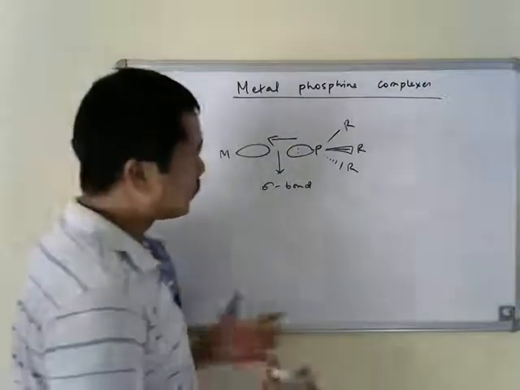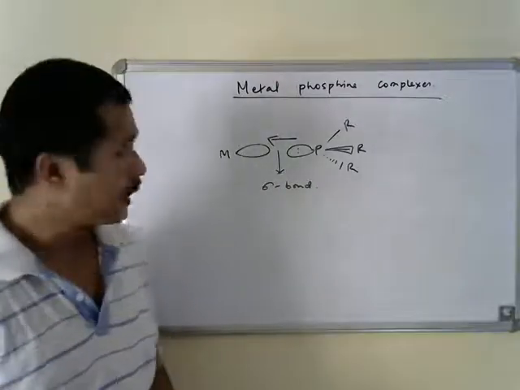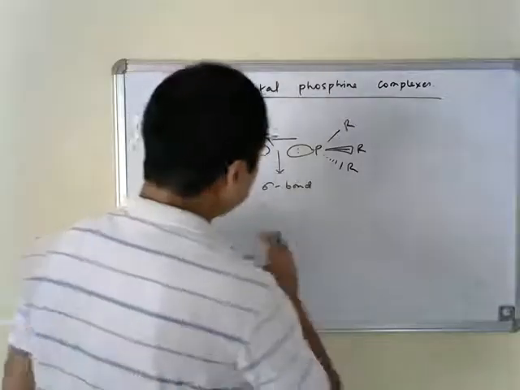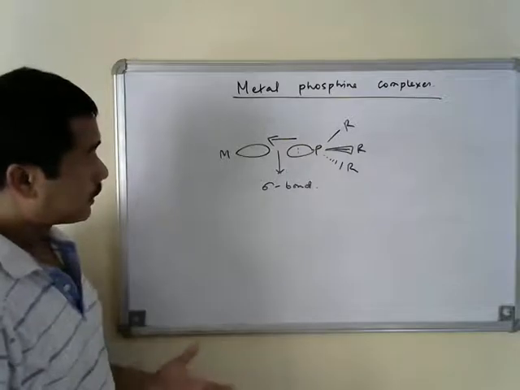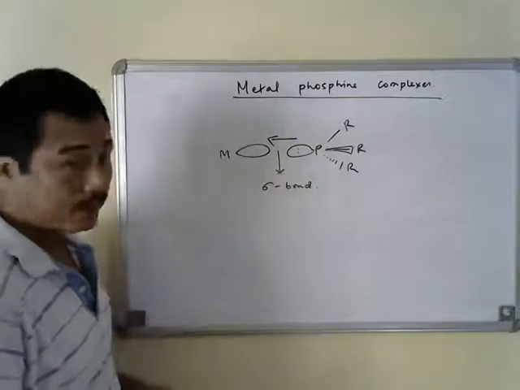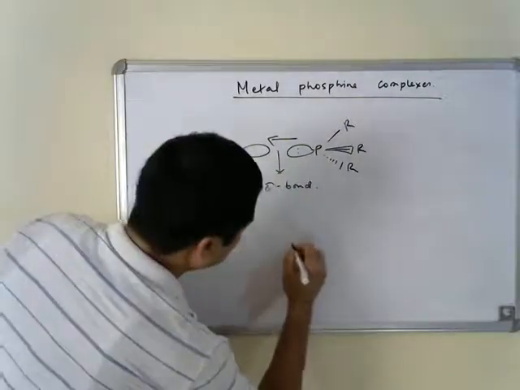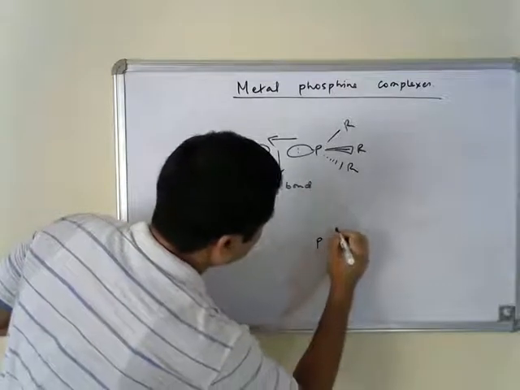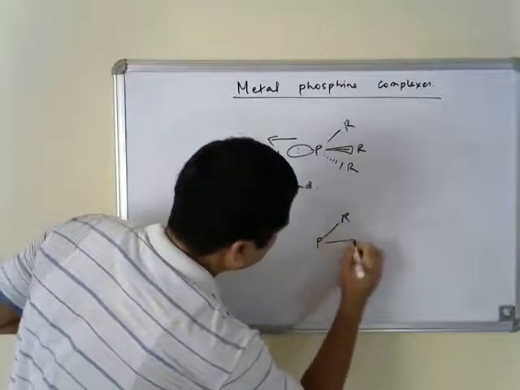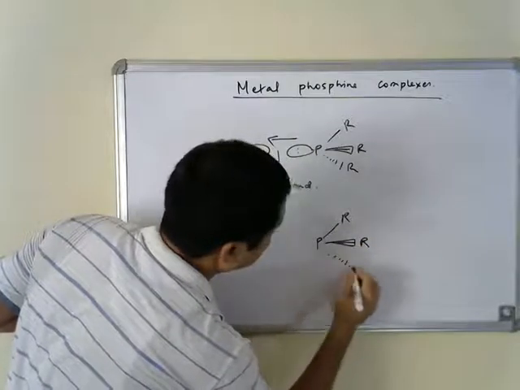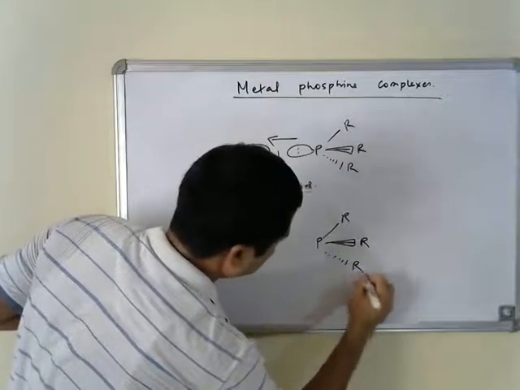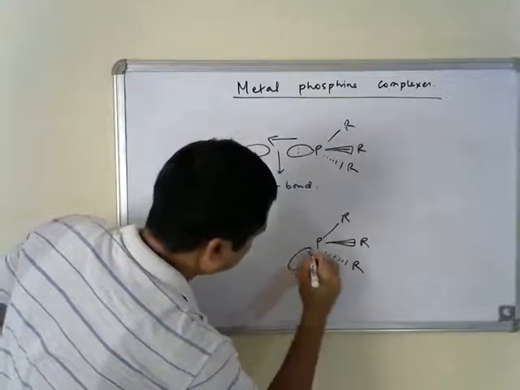Now the phosphine ligand also acts as a pi acceptor, as it can accept electron density from filled metal orbitals into the sigma star orbital of the phosphine ligand, which we can draw in this way.